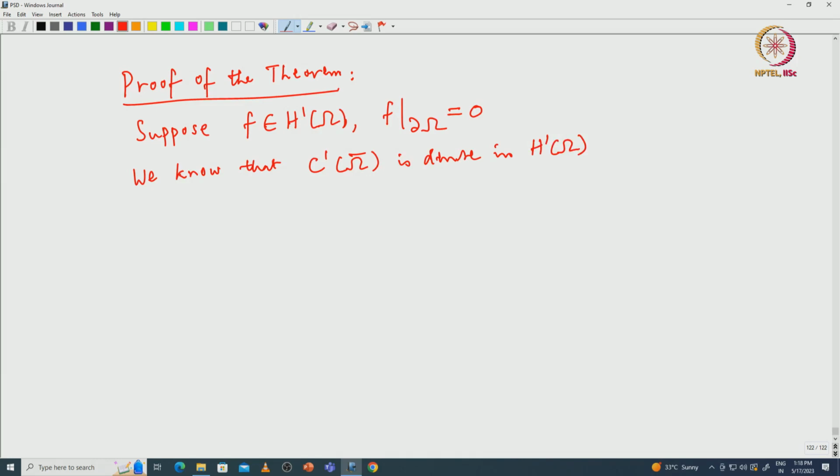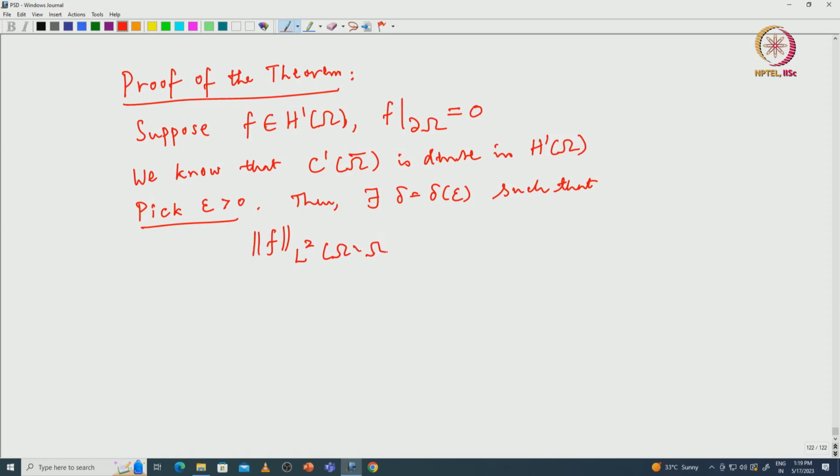So, pick epsilon positive, arbitrary, then there exists delta that depends on epsilon such that the L2 norm of f over Ω minus Ω_δ is less than delta epsilon.